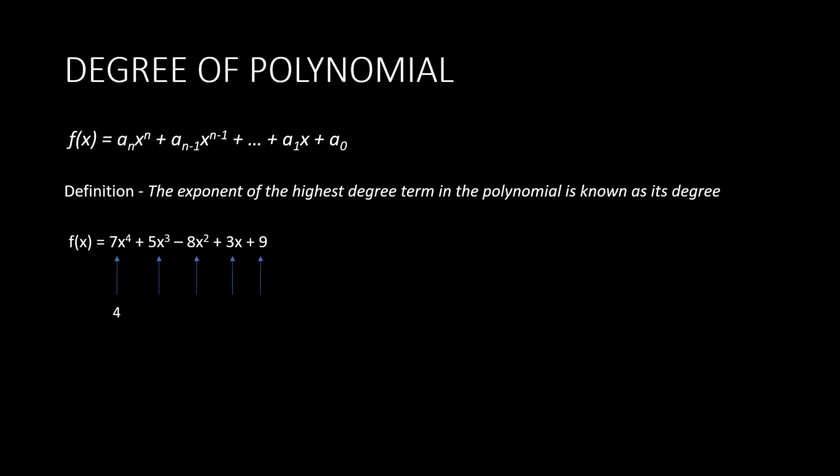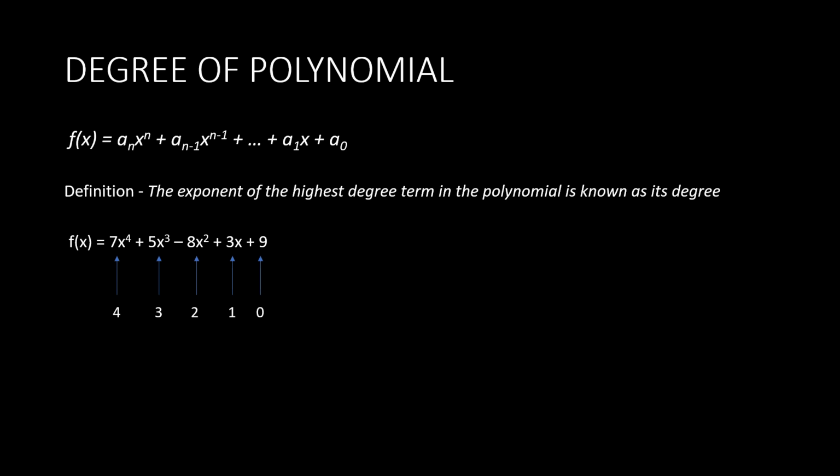Next, 5x cubed, the power is 3, negative 8x squared has 2, 3x has 1. Now what about 9? 9 has no variable. Actually it has. 9 multiplied by x raised to the power 0 gives you 9, because any number raised to the power 0 is 1 and 9 multiplied by 1 is 9.